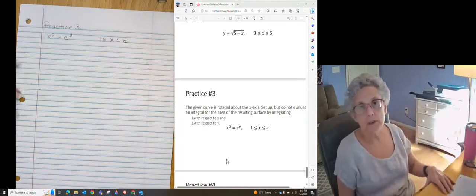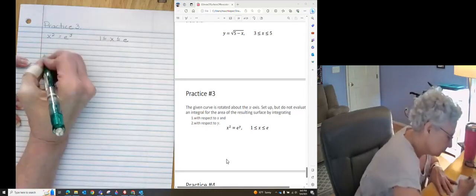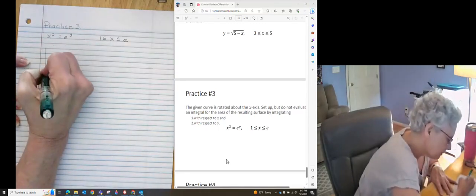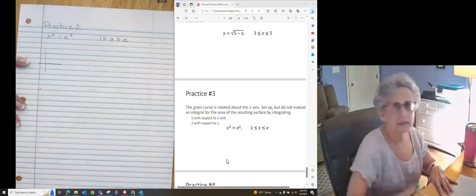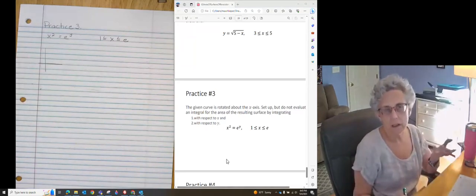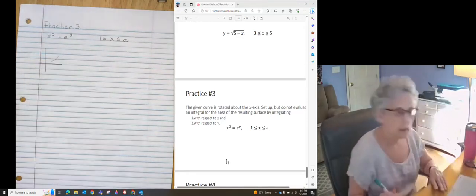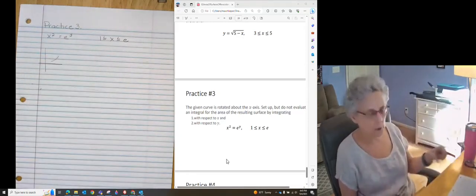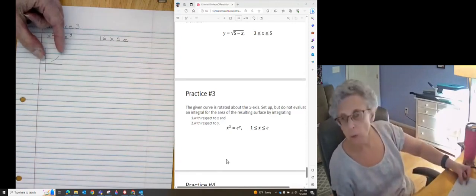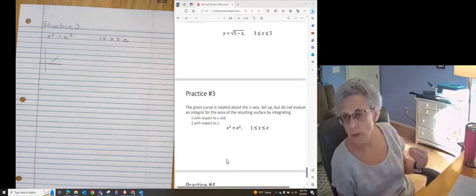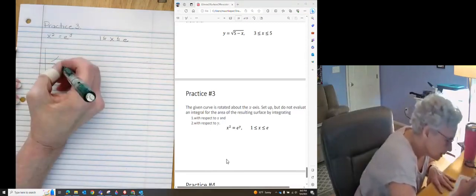First, we want to do it with respect to x. So let's draw a little graph. I don't really know what this looks like, x squared equals e to the y, but I'm thinking it lives in the first quadrant, and x is going from 1 to e, and we're rotating about the x-axis.